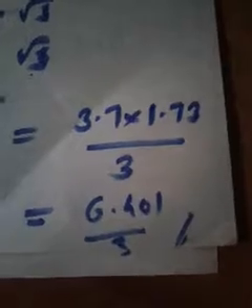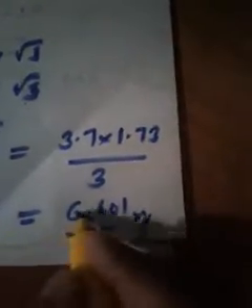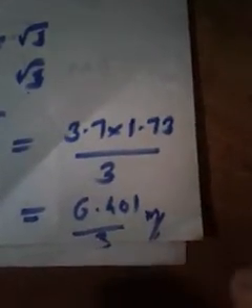When you put the decimal point, it becomes 6.401 divided by 3. You can stop here, no need to divide these two numbers. So that will be AQ. That means the distance between the foot of the post and the ladder will be 6.401 divided by 3 meter.